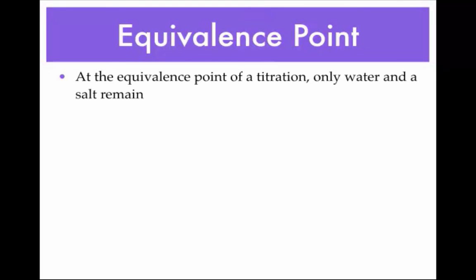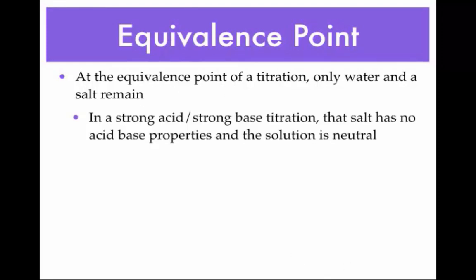Okay, so as I mentioned before, at the equivalence point of a titration, only water and a salt remain. If we're doing a strong acid, strong base titration, those salts have no acid or base properties, so the solution is considered to be neutral, and that's why we have a pH of 7.